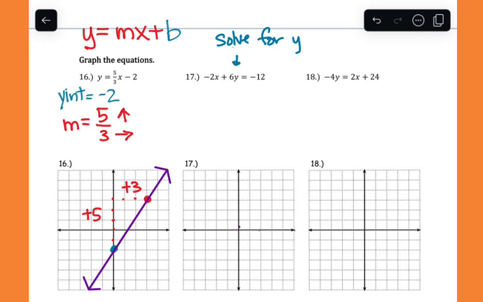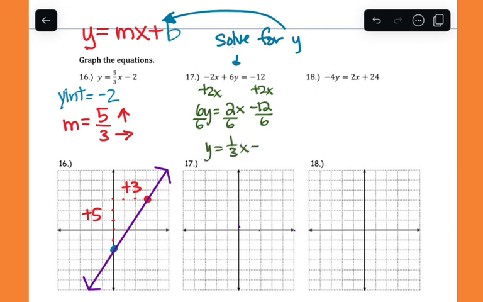We did this a ton on our project and in class. So I have to move the x value over to the other side and divide by 6. If I divide by 6, everything gets divided by 6. So if I have 2 over 6, that reduces to 1/3. Don't forget about that.